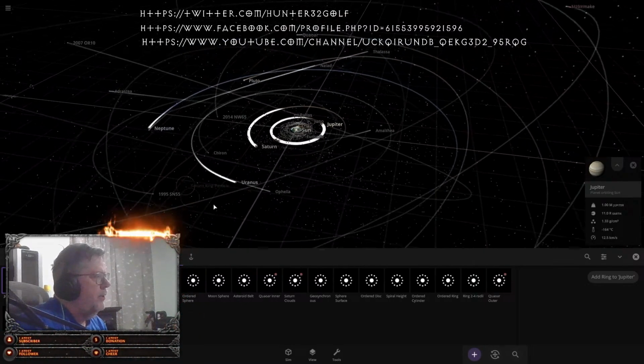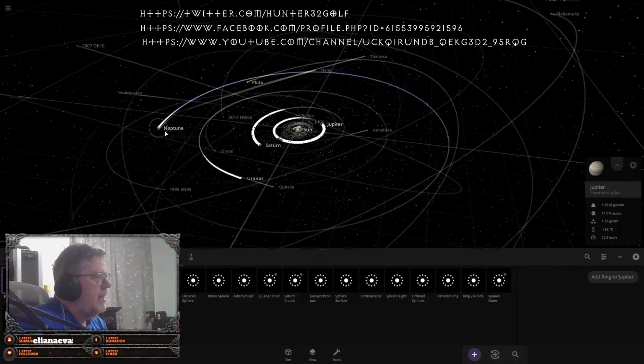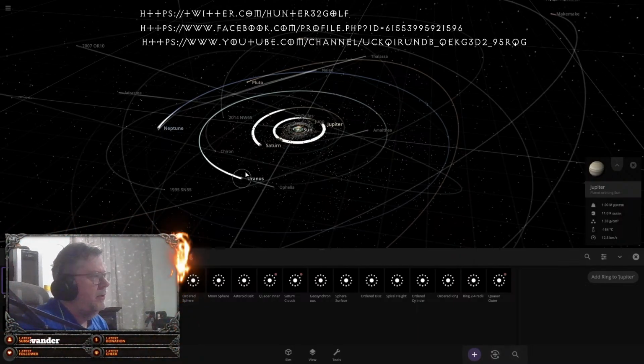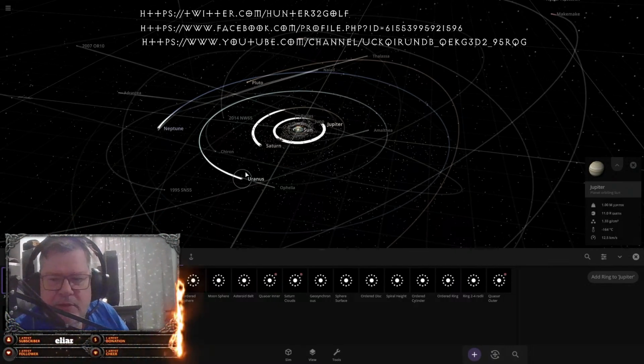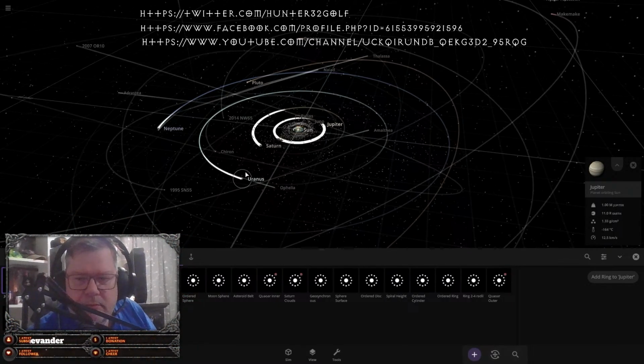But as Saturn, Uranus, and Neptune started to form, they pulled Jupiter back out to its current orbit. It's believed that Jupiter started at roughly 3 astronomical units, which is roughly where the asteroid belt is. And that's it for the Jovian planets.